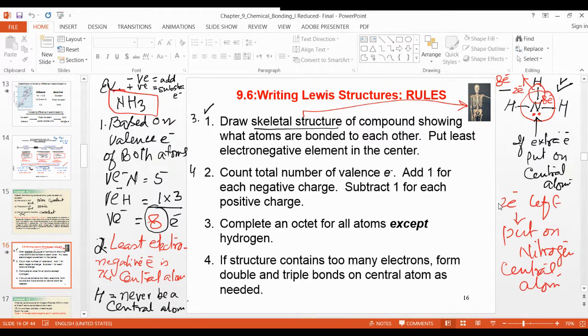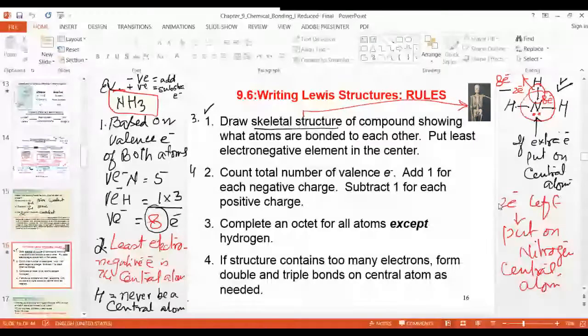But if electrons are there, for example water and ammonia, the general arrangement is tetrahedral, but the geometry is not tetrahedral. When you draw the structure, in water you have 2 lone pairs of electrons on the oxygen central atom, and in ammonia you have 1 lone pair on the nitrogen, because these electrons are left after consuming all the electrons around the nitrogen or oxygen.